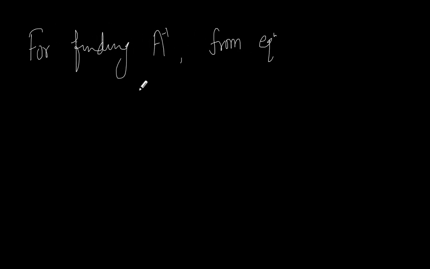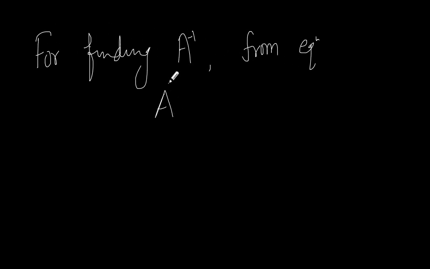Now for finding the inverse of the matrix, we will use the equation which we obtained from the characteristic equation by replacing lambda by A, which is A cube minus 3A square plus A minus 3I is equal to the 0 matrix.